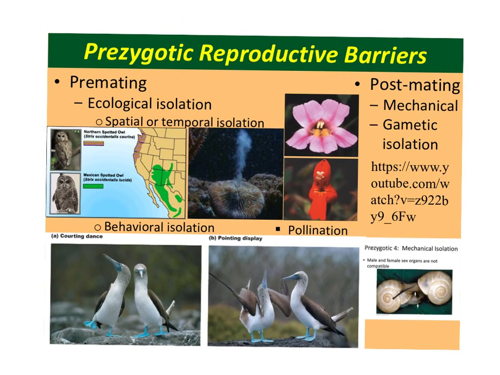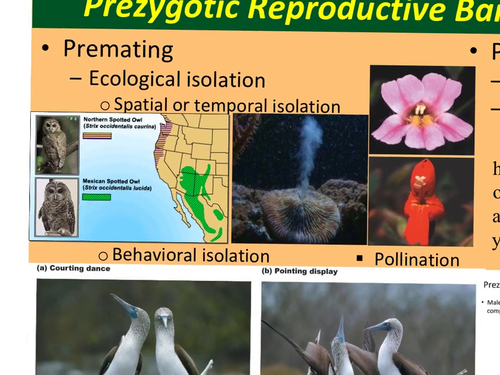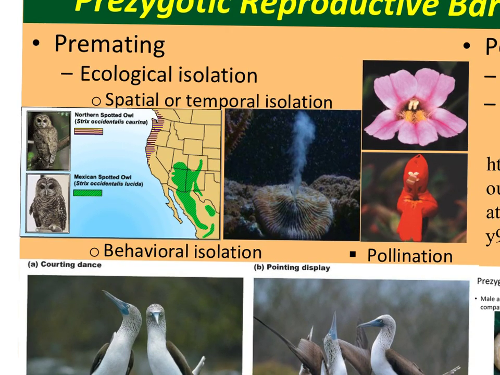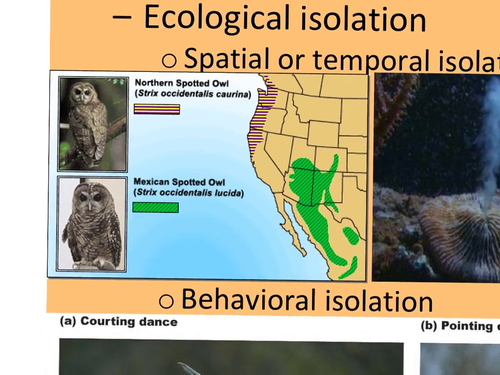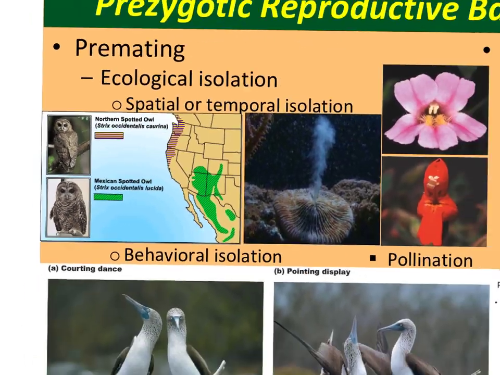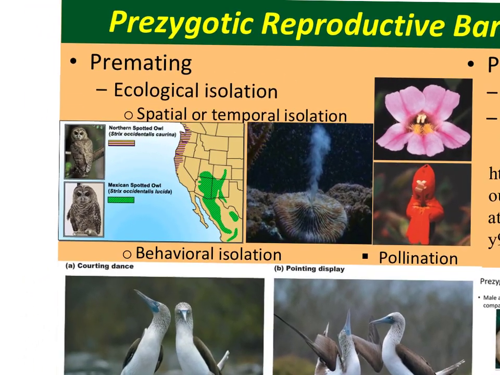So these are pre-mating reproductive barriers. Two real quick ones. Spatial ecological isolation, in other words, Mexican spotted owl, northern spotted owl. They're actually very closely related genetically, but they occur in different places, and they're actually adapted.